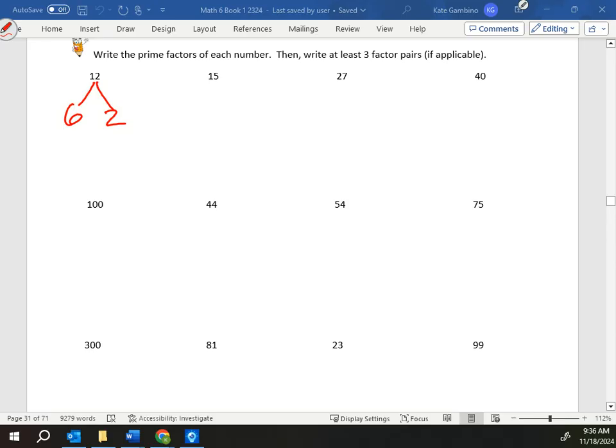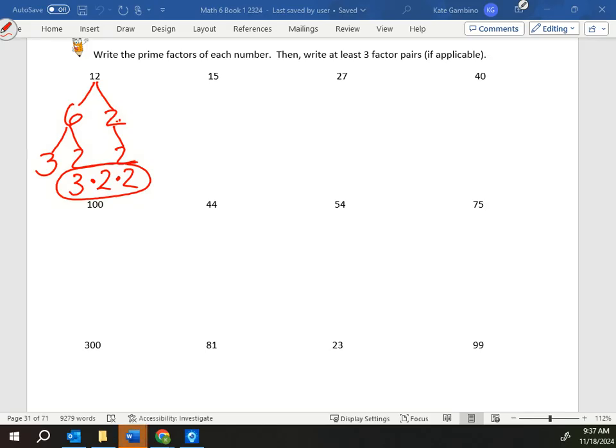What two numbers can I multiply, Natalie? 3 and 2. Can I break this 2 down any farther? Nope, so I'm just going to bring that 2 down. 3 I can't break down, 2 I can't break down, and 2 I can't break down. So my prime factorization, all of my prime factors are 3 times 2 times 2.